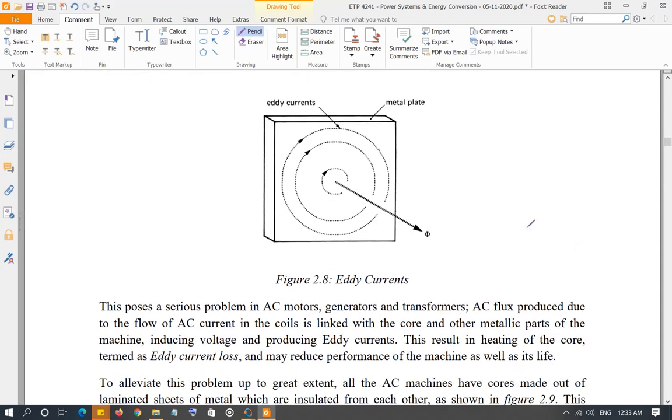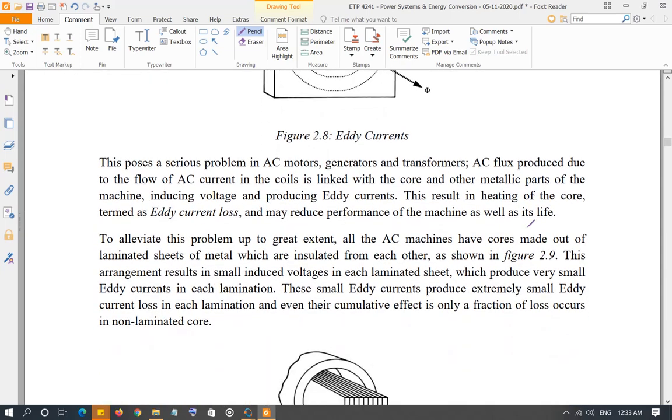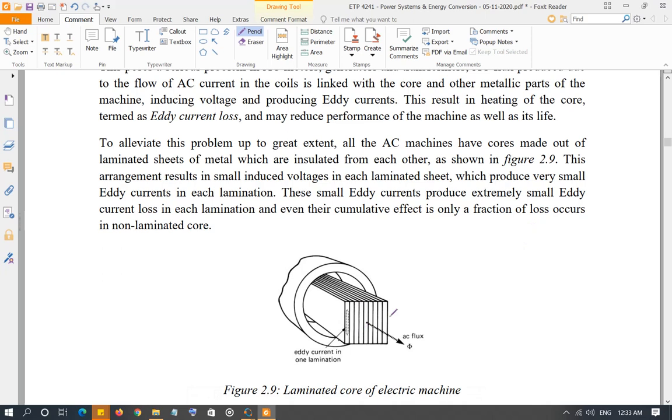Now, how do we reduce the loss due to eddy currents? What we do is laminate the core. We basically slice the core into thin pieces, and we insulate those pieces from each other to have a laminated core. When the core is laminated, eddy current will still flow individually in each lamination, but since it is so thin, the loss due to the eddy current is extremely small.